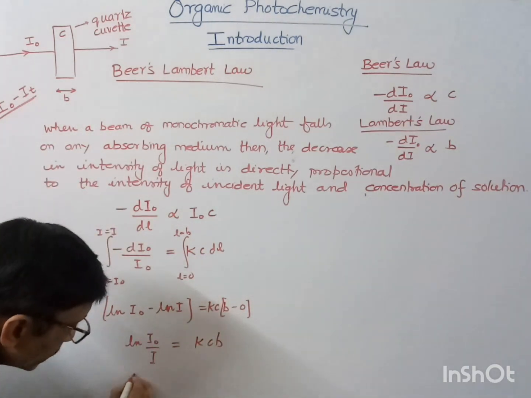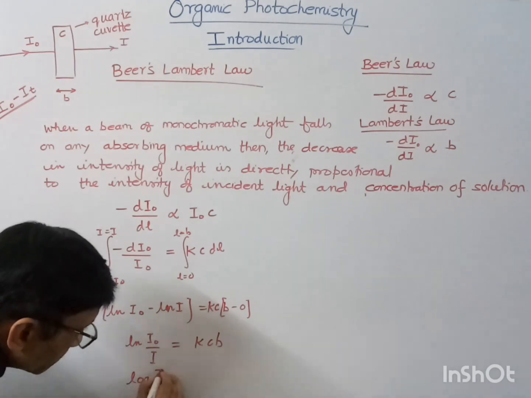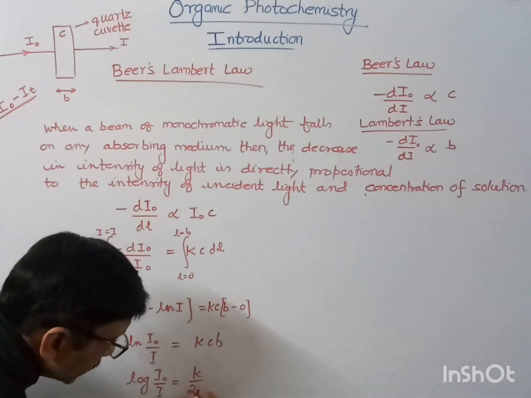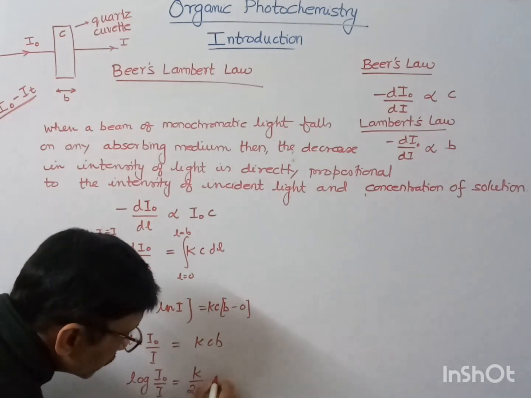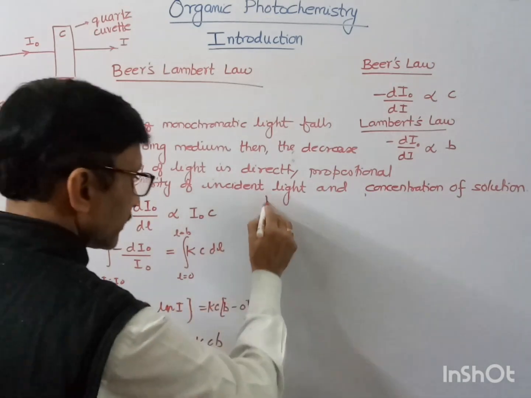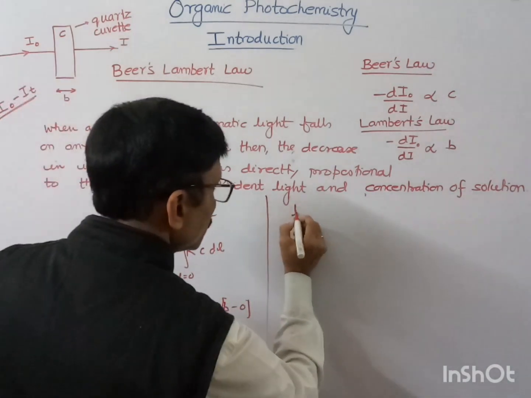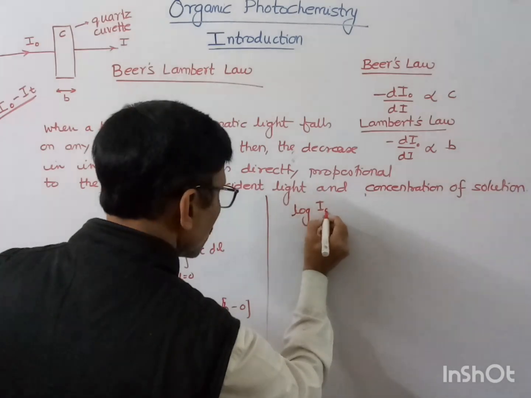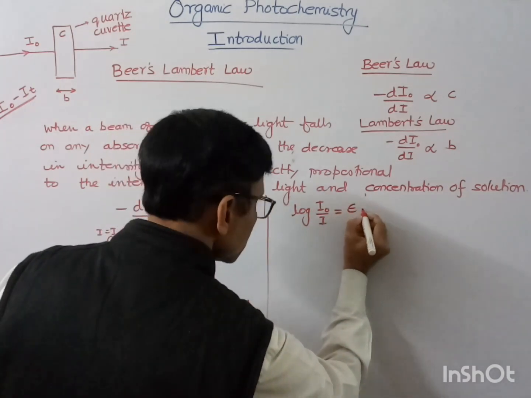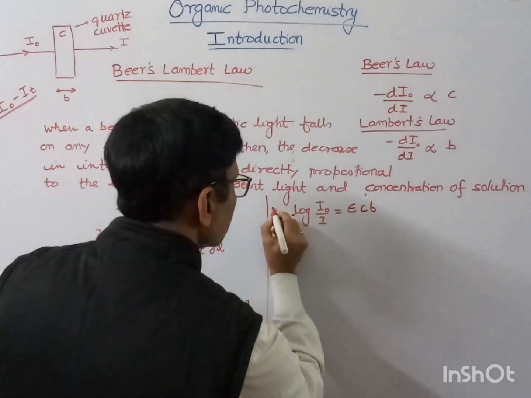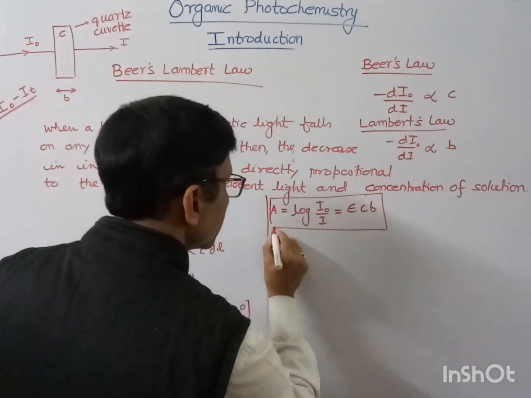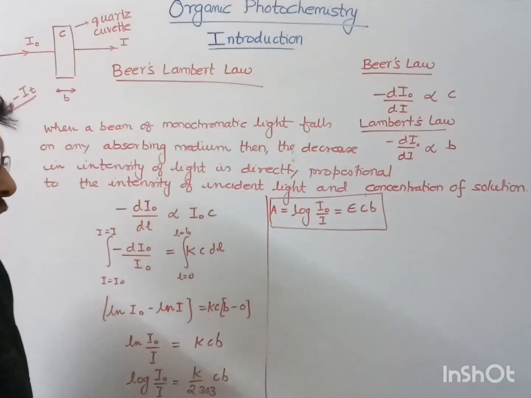Now, taking log to the base 10, we divide K by 2.303, times Cb. So finally we can write log of I naught upon I equals epsilon Cb, and this is equal to the absorbance. This is the mathematical relation for the Beer-Lambert law.